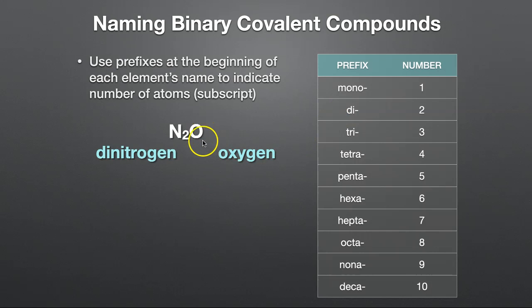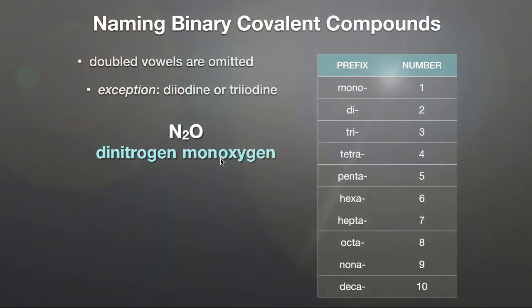Then we look at oxygen. What's oxygen's subscript? Well, if I can't see it, that doesn't mean it doesn't have a subscript. It means it's an understood subscript, and it's a 1. So I have 1 oxygen, so that's monoxygen. And you'll notice it's not monooxygen. That's because typically double vowels are omitted, exception being double I's.